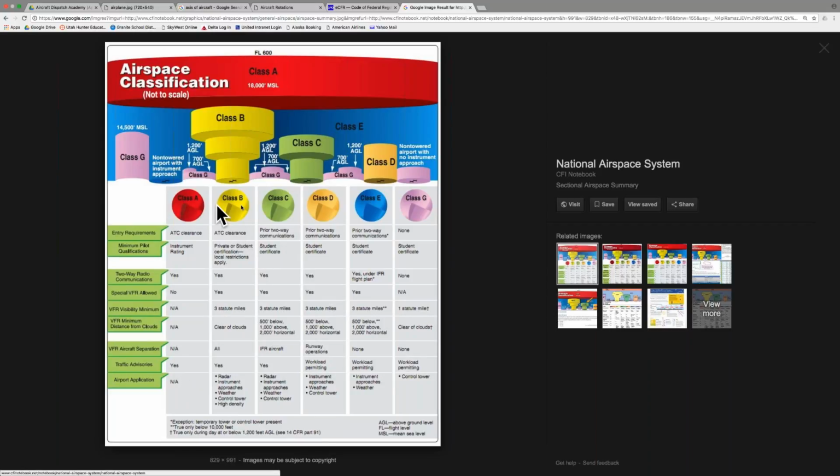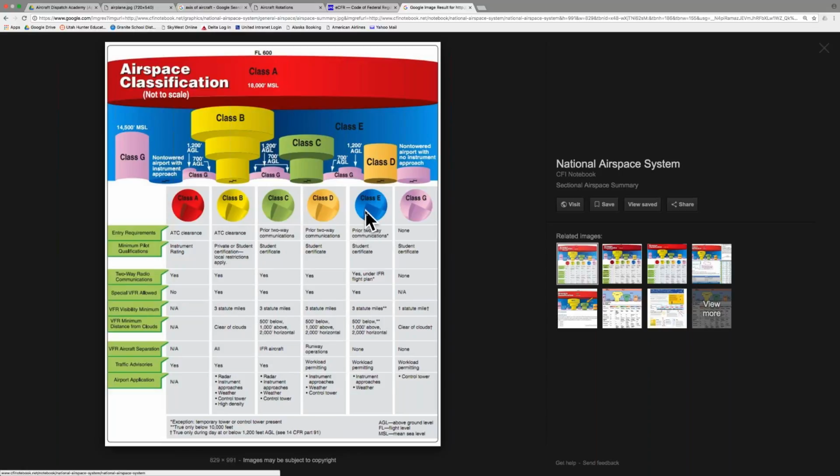But as you can see, it's pretty intuitive how it's all set up. Class A is the most restrictive, then B, C, D, E, and G. The only thing that's not intuitive is they forgot the F, but I think that's because people don't like to say the phonetic term for F. When we're over the radio, we call it foxtrot.